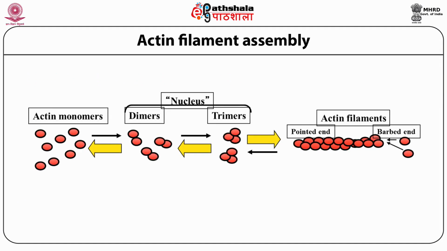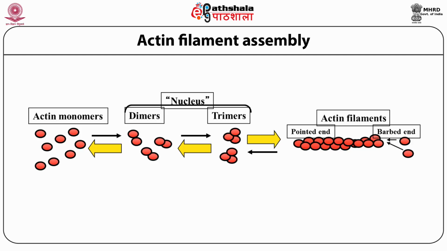Here I have shown the model of how the actin filament assembly takes place. The G-actin, that is actin monomers, shown as single round-shaped structures, slowly forms dimers and trimers. In this state, the formation of dimers and trimers is much slower, and this is called nucleation. Once the nucleus is formed, the actin filament elongates.